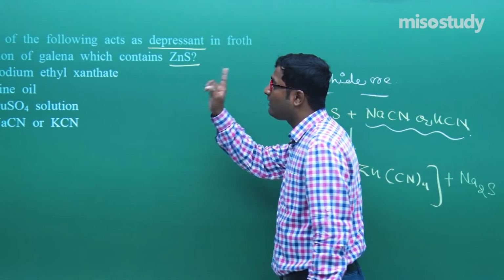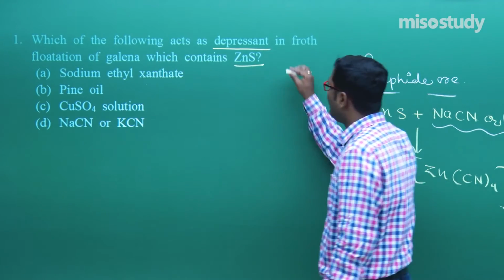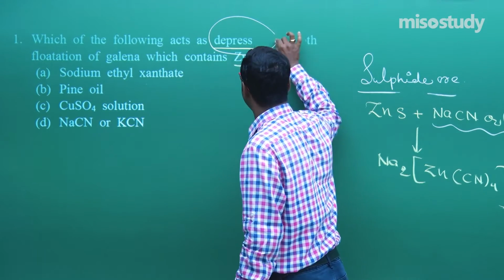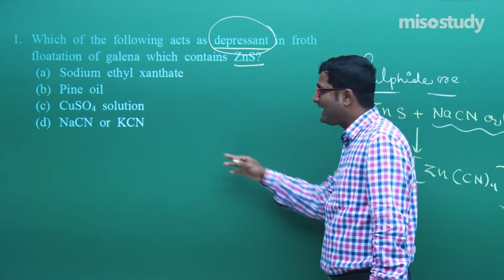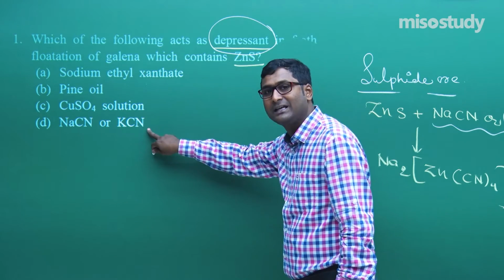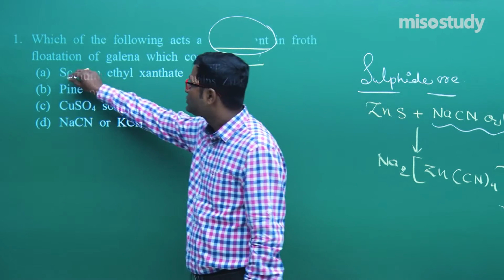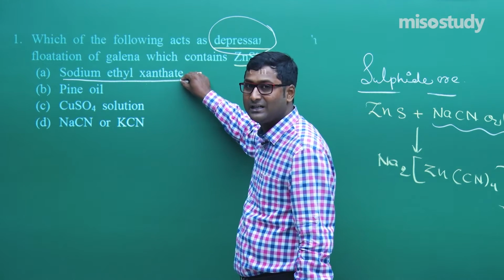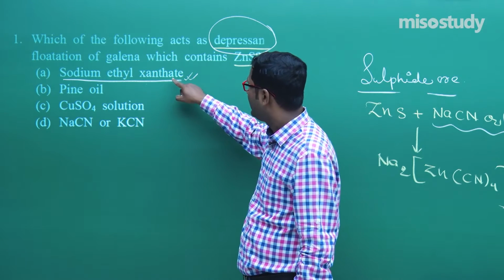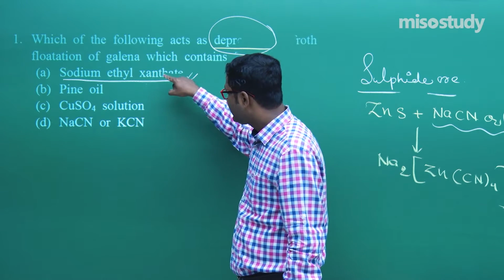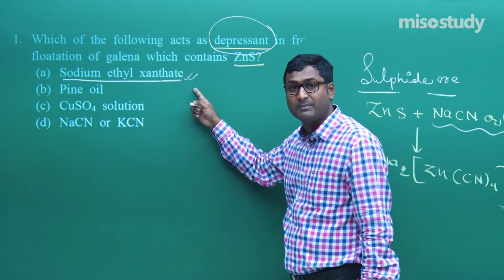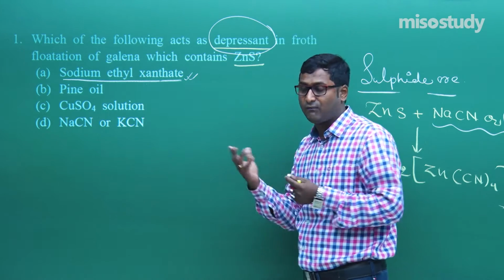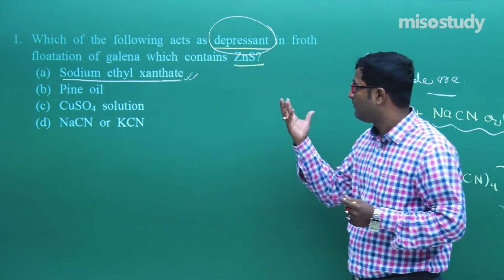So for the froth flotation process, the depressant is NaCN or KCN. One more thing, sodium ethyl xanthate does not act as a depressant, that is, it does not depress the formation of froth.